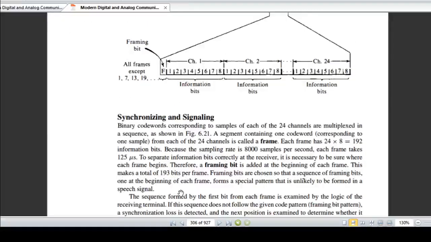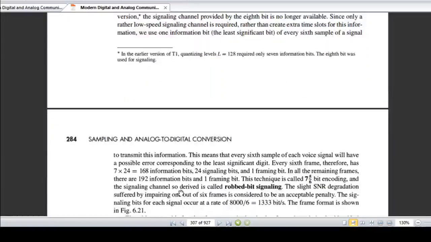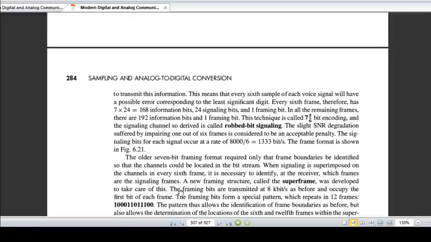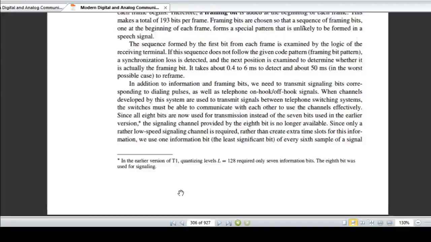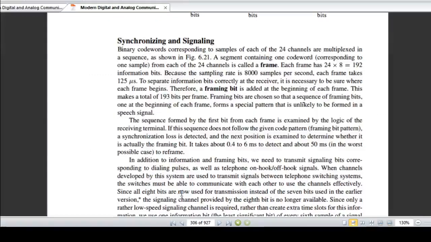But one frame has only 193 bits. You can see here each frame takes 125 microseconds, because the sampling rate is 8000 per second. So each frame has 193 bits, so 193 bits are transmitted in 125 microseconds.